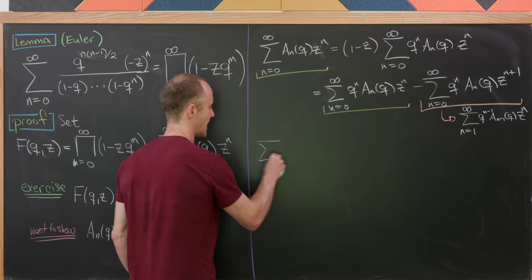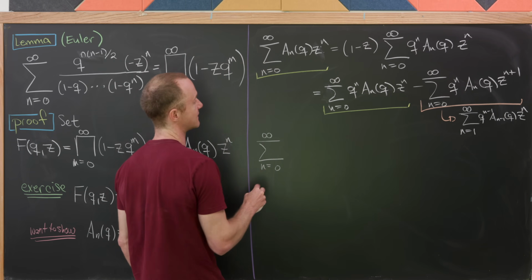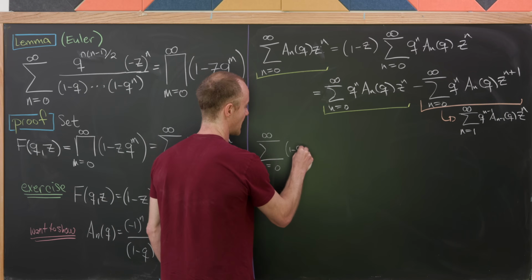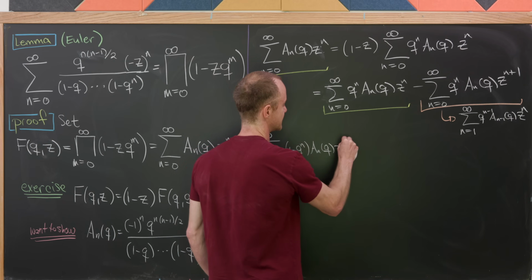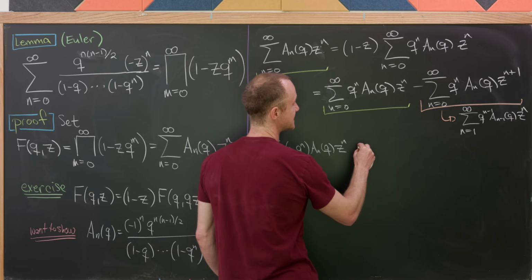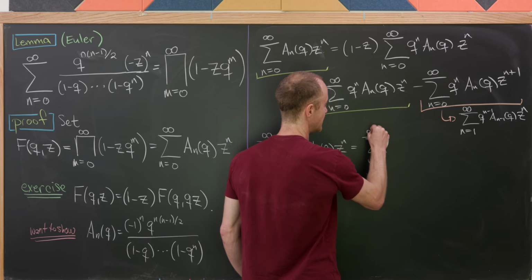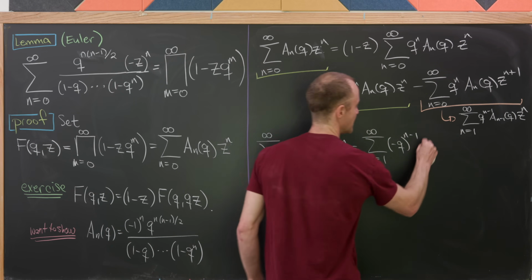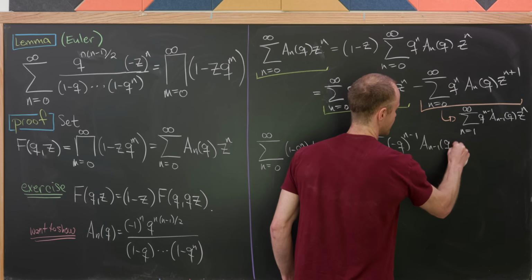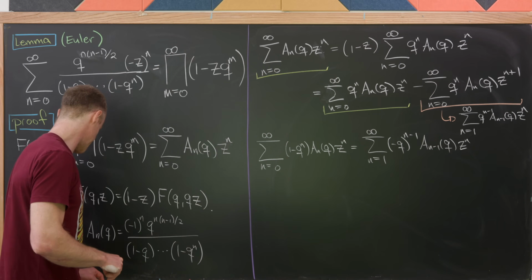So here, combining those two terms, we have the sum as n goes from 0 up to infinity of (1 minus q to the n) times a sub n of q times z to the n is equal to this sum as n goes from 1 to infinity of minus q to the n minus 1, a n minus 1 of q, and then z to the n. Okay, great.